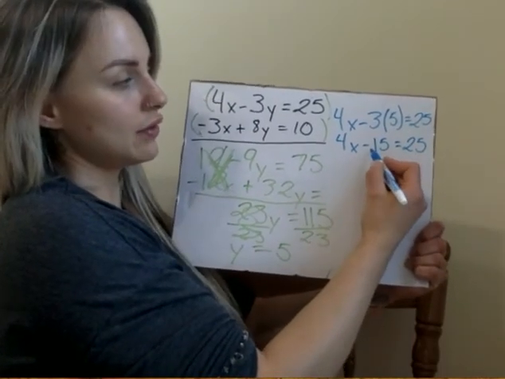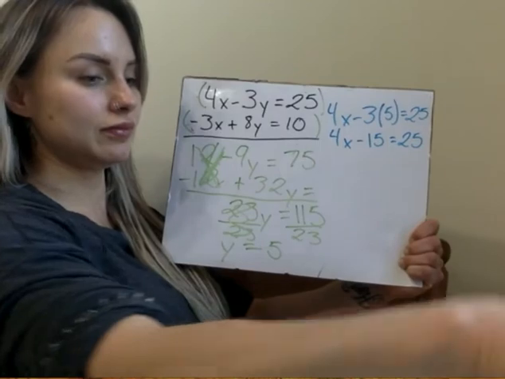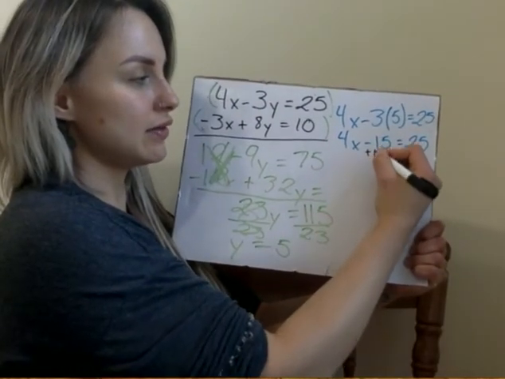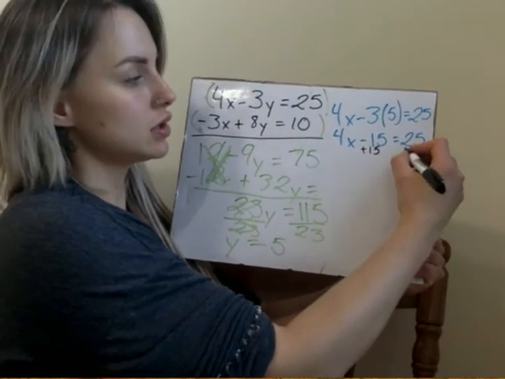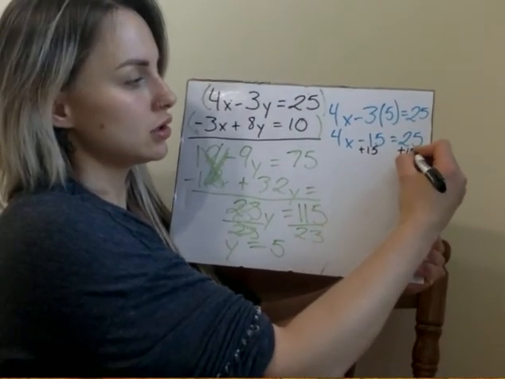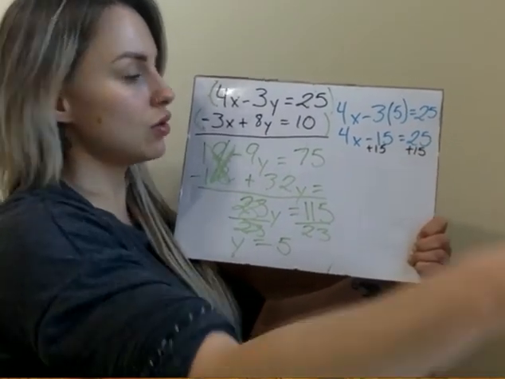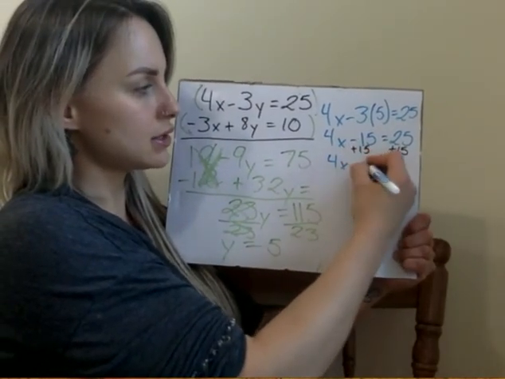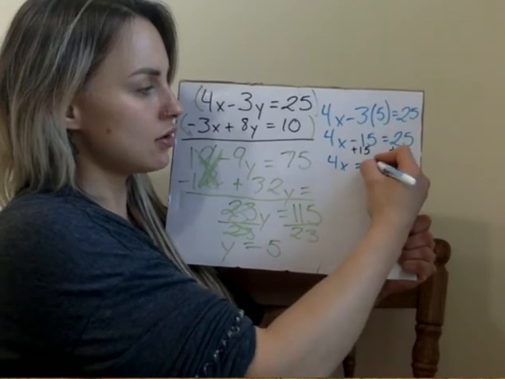So now we have to get the 15 away from here. We add 15 to both sides, because negative 15 plus 15 gives us 0. Whatever we do to one side, we have to do to the other. So we get 4x equals 40.